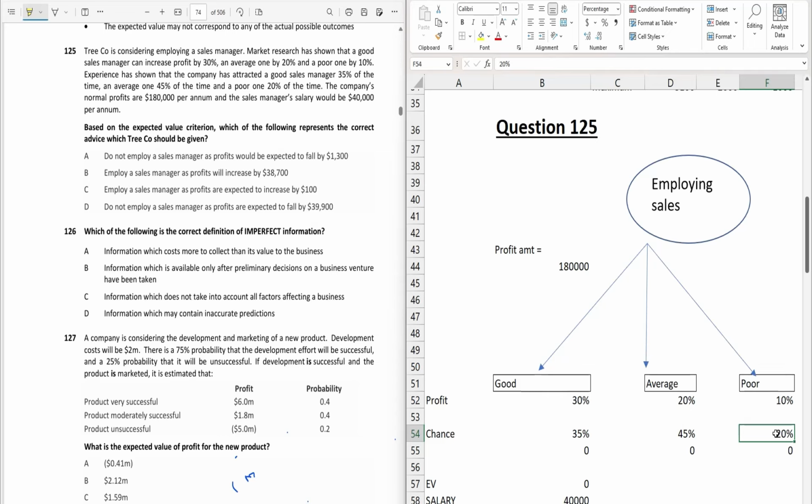As I said, yes, they have given the percentages, but you need to check whether they add up to 1 or not. If you look at the chances, yes, these are probabilities, because adding them all up equals 100%. So it could be either equal to 1 or 100%.